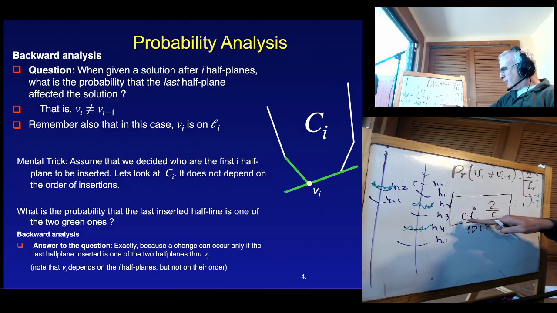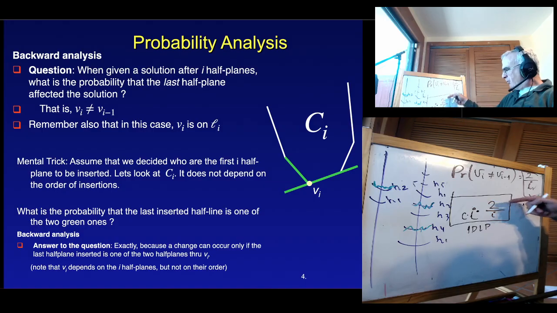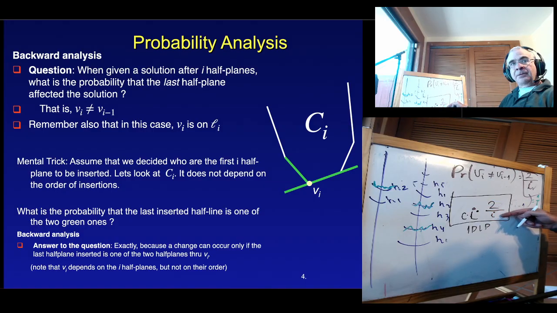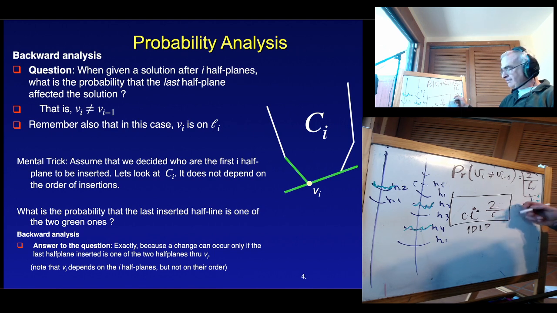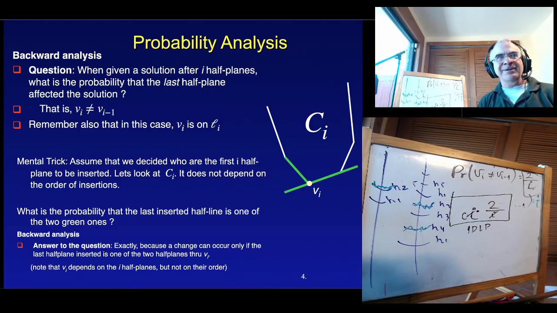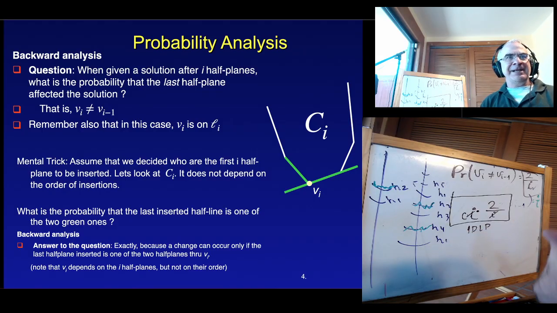You're spending time which is a constant times I, but you're doing it only with probability 2 over I. So on average, how much work did you spend in the i'th step? 2 times the constant. The expected work is only constant.